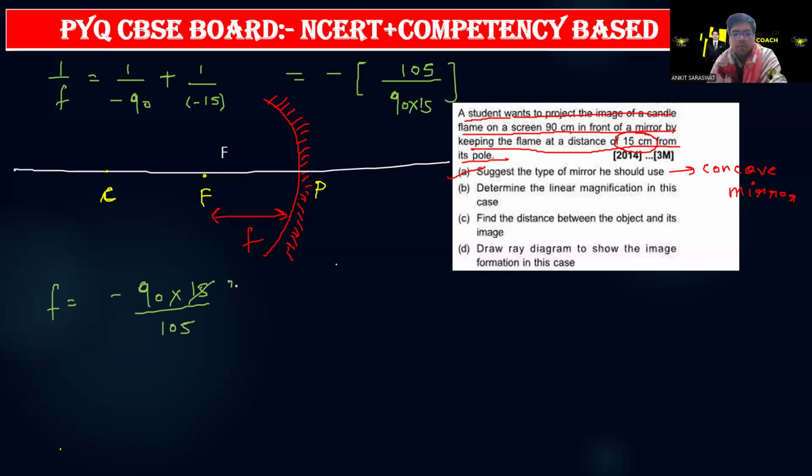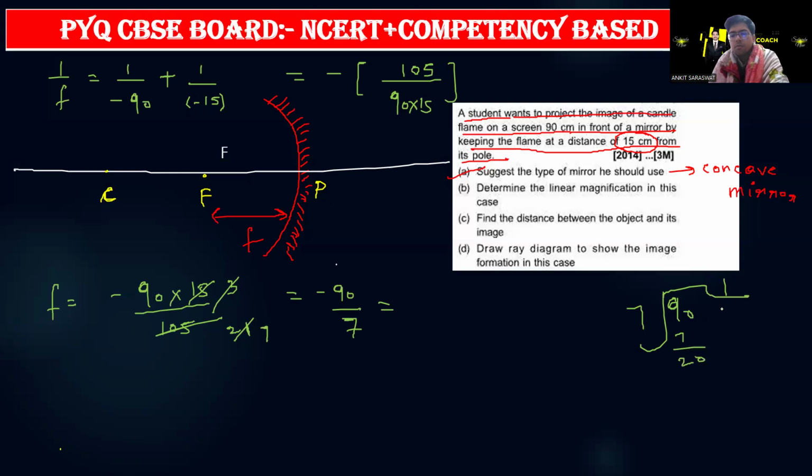So 5 3s are 15, 5 2s are 10, 5 1s are 5, 3 7s are 21. So minus 90 by 7. Once you solve, how much are you getting? Almost 12.8 something like.